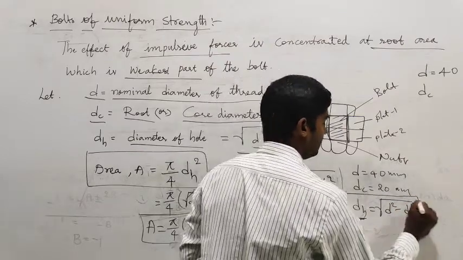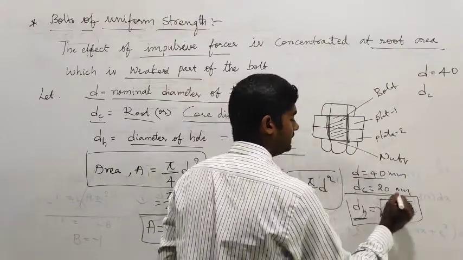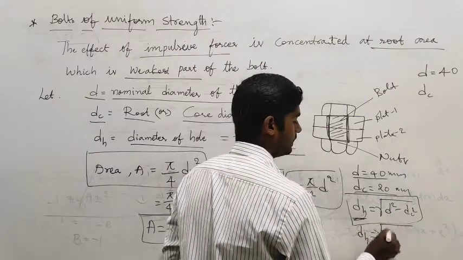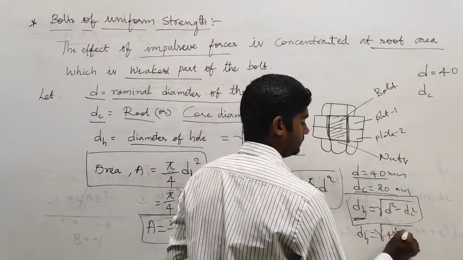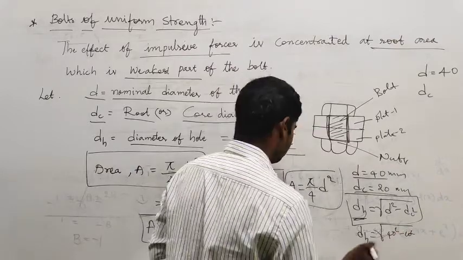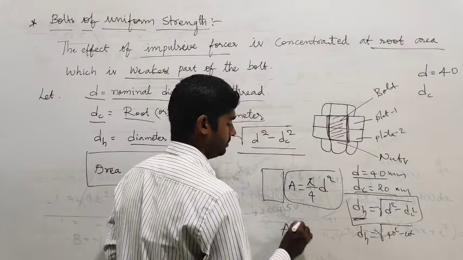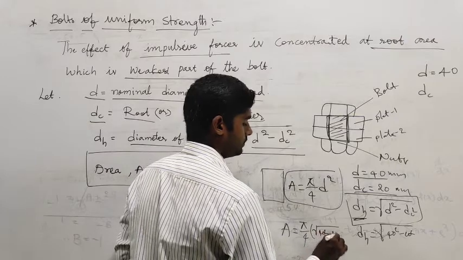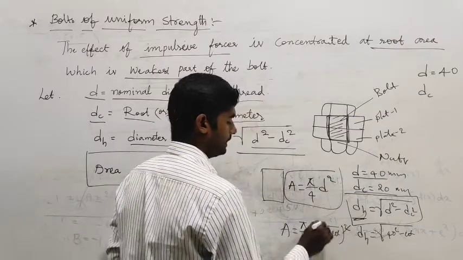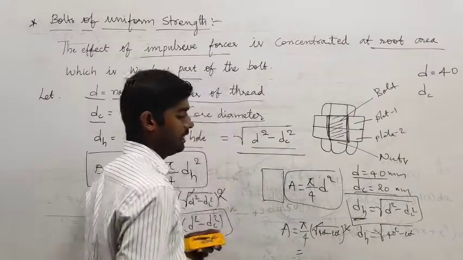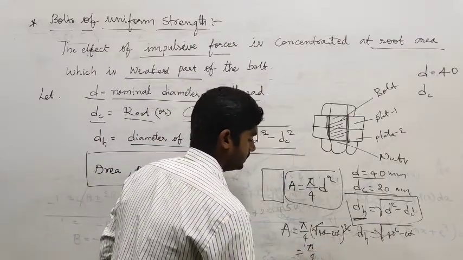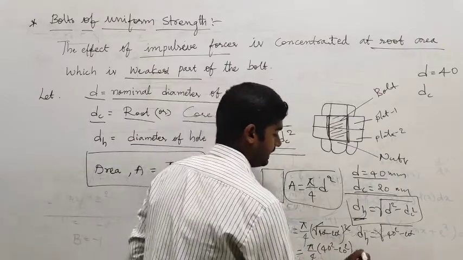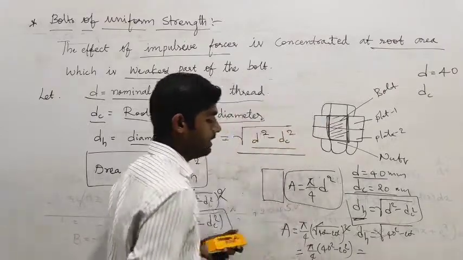Substitute the D value and DC value in this formula: DH is equal to under root 40 square minus 20 square. Let's substitute in the area formula: pi by 4 into root 40 square minus 20 square, whole square; the square root cancels. So pi by 4 into 40 square minus 20 square. Let's find the answer using your calculator.